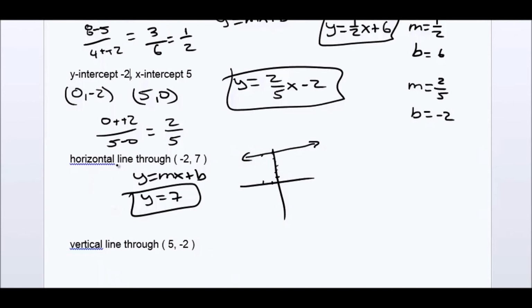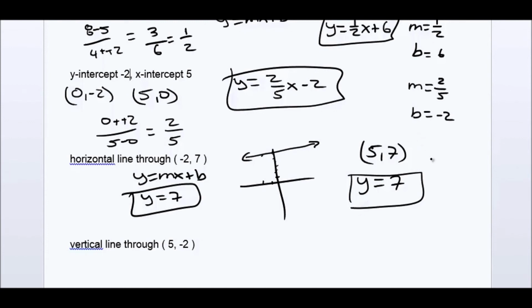So anytime you see a horizontal line that passes through some point with an x-coordinate and y-coordinate, your equation is always going to be y equals whatever that y-coordinate is. So if you had a horizontal line passing through 5, 7, then your equation is y equals 7. That's it. That's your equation.